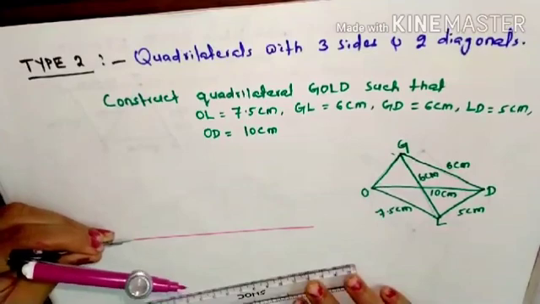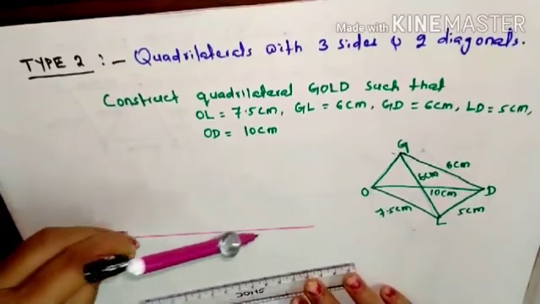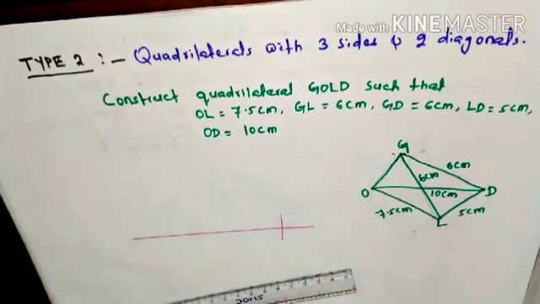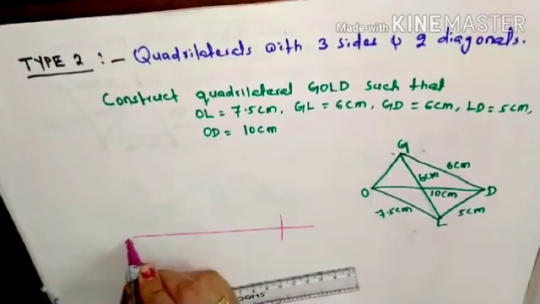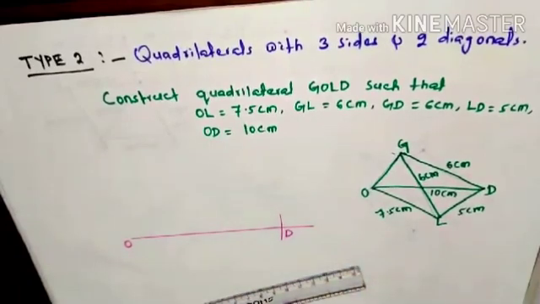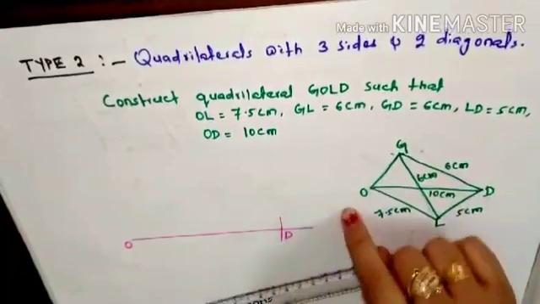So taking this point as a center, draw an arc of 10 cm and name it OD. So we have drawn OD.